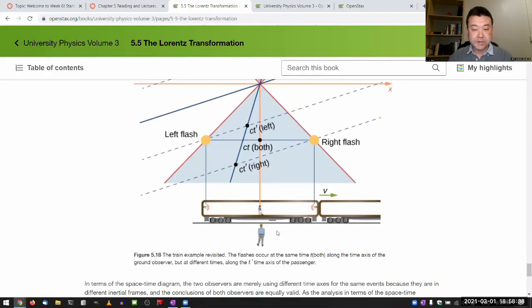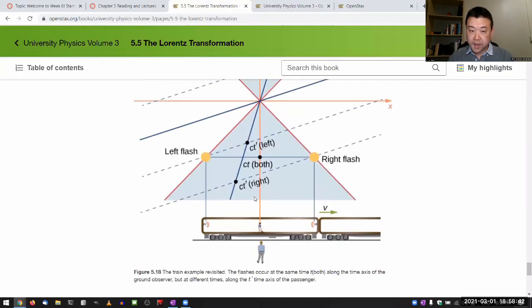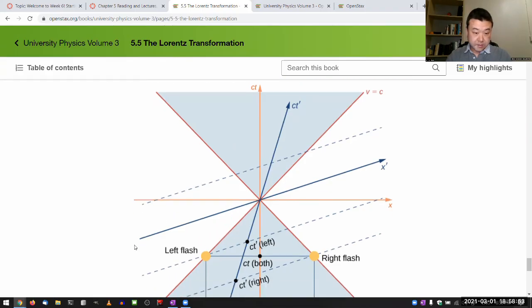That would be the frame of observer B. And the reference frame of observer A is described with axes that look like this, x prime and ct prime. These axes have rotated. And the lines that are parallel to the x prime axis are where time has the same value.